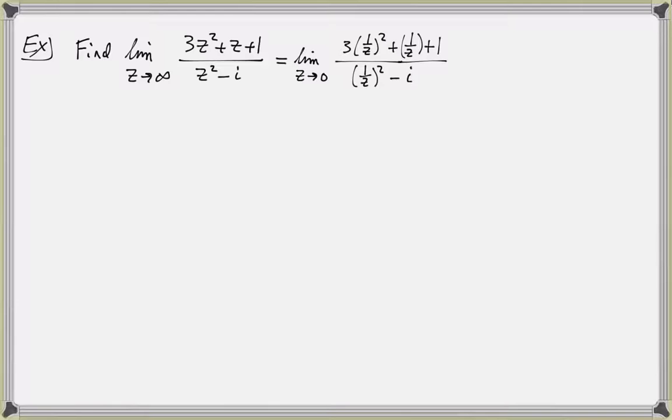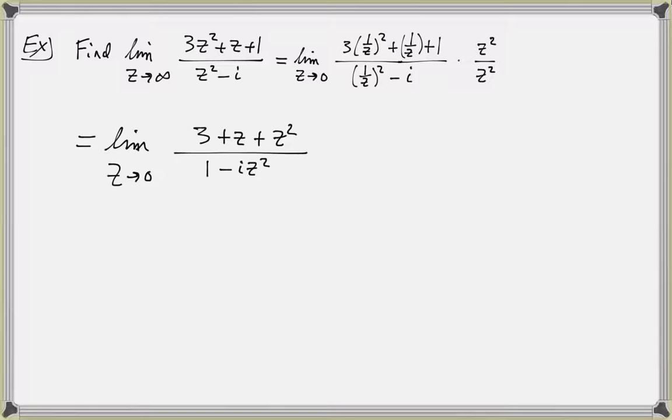And if I multiply both the numerator and denominator of this expression by z^2, I get the limit as z approaches 0 of (3 + z + z^2) over (1 - iz^2).